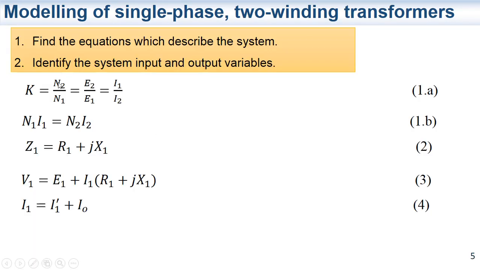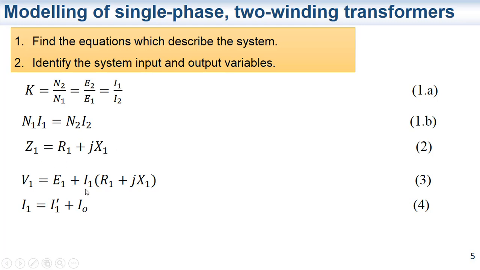Then the transfer function of the transformer will be found. As we mentioned earlier, the number of turns at the secondary winding, presented by N2, over the number of turns of the primary winding, which is N1, is called the turn ratio or the transformation ratio, which is K. We already presented the primary impedance, which is the resistance and reactance of the primary winding.